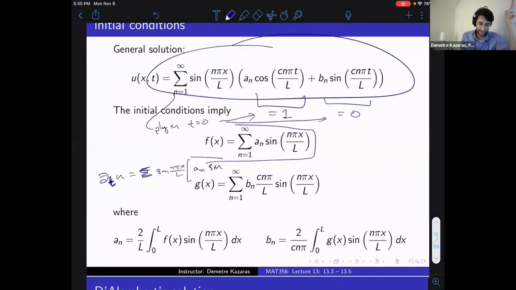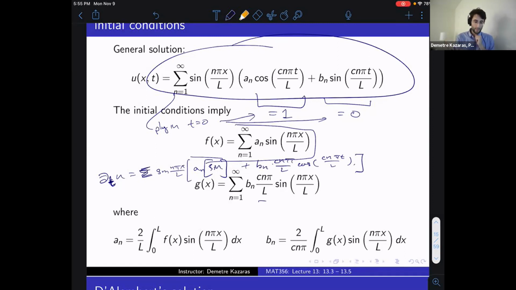So that's sine stuff. But we're going to evaluate it at 0, so the sine stuff will go away when t is 0. And then you're just left with the b_n times c n pi over L cosine of c n pi t over L. And then when you evaluate that at 0, you just get that coefficient, the b_n times c n pi over L times the sine x function.